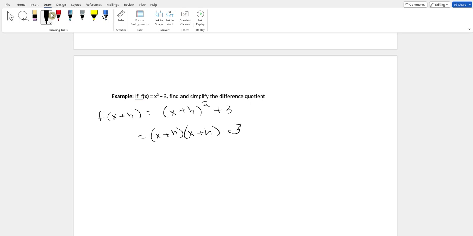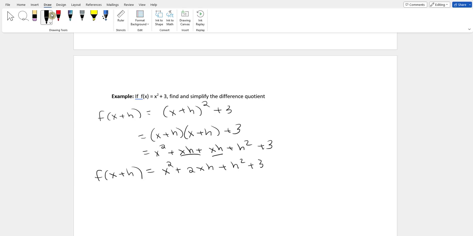I get x squared plus xh plus xh plus h squared plus 3. This gives me x squared plus 2xh plus h squared plus 3. I combine these like terms. So this is my f of x plus h.